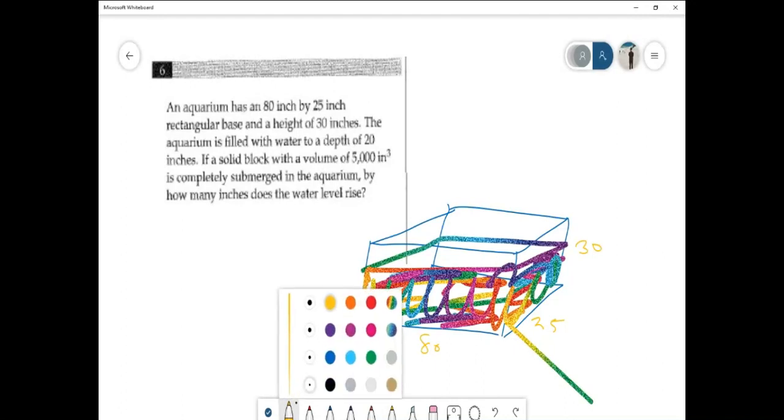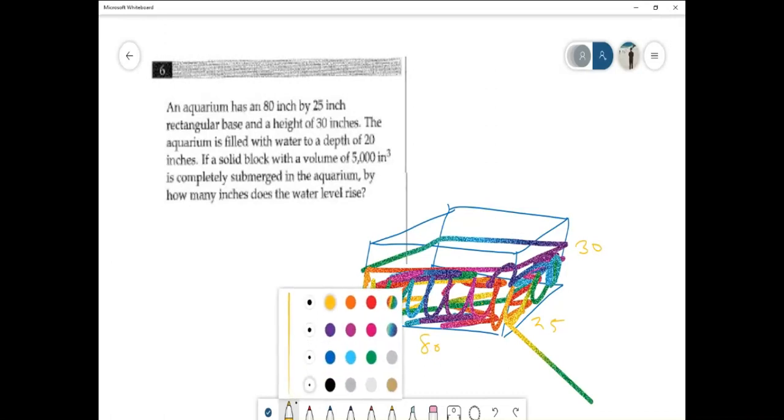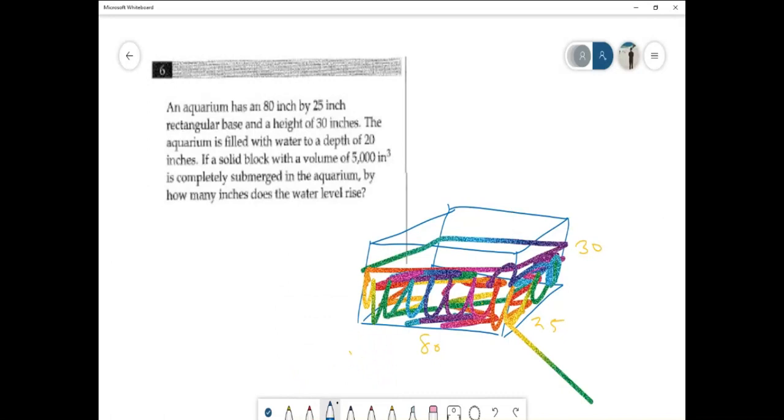If a solid block with a volume of 5,000 cubic inches is completely submerged in the aquarium, by how many inches does the water level rise?